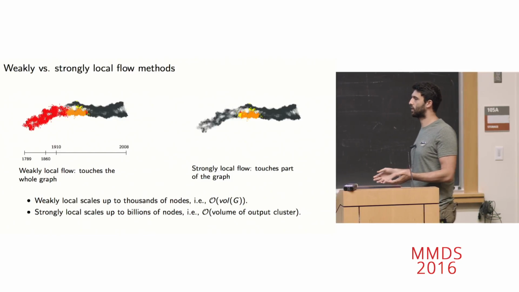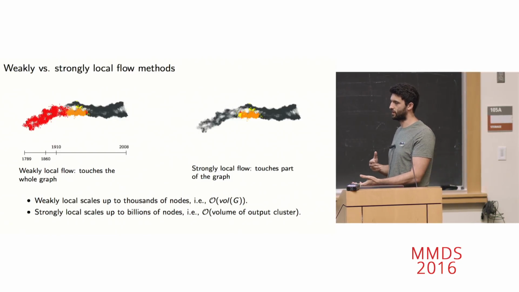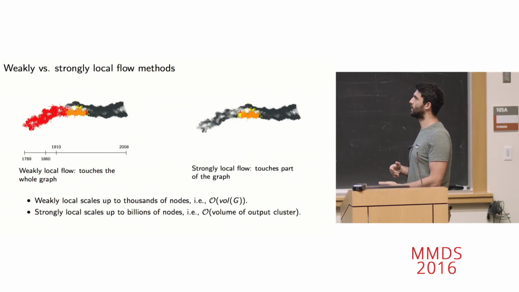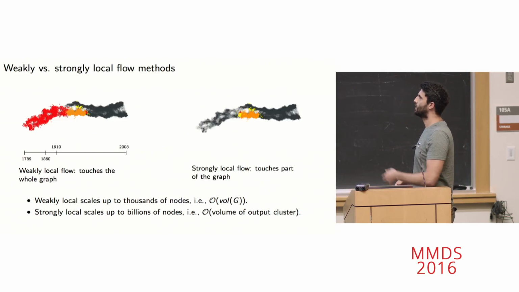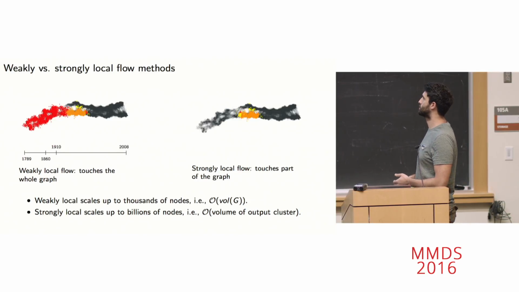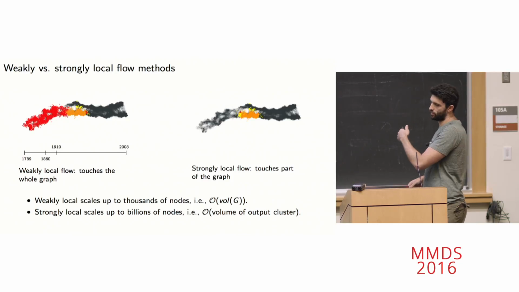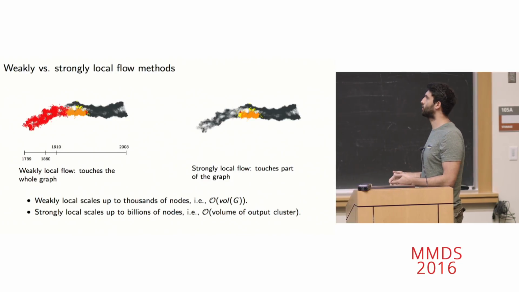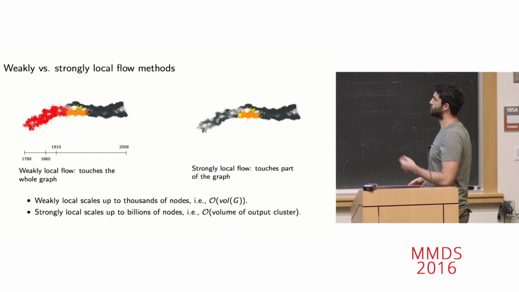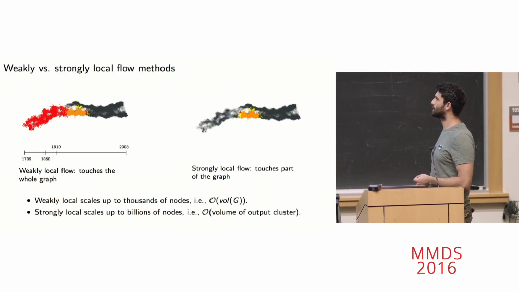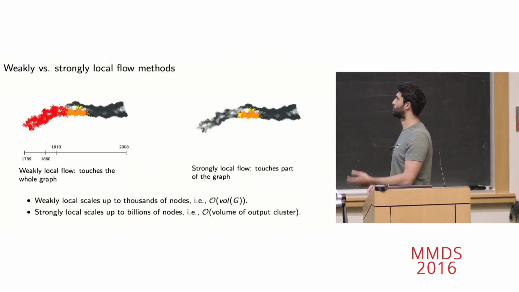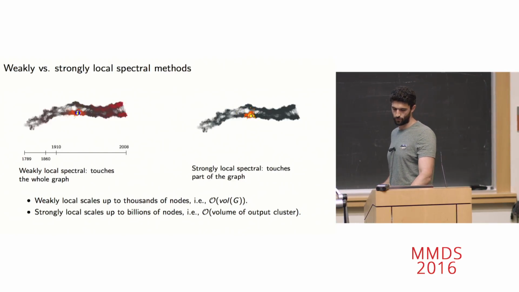Because what it will do is find a cluster which has large volume, right? And it's also poorly connected externally. And this is exactly what happens here. The problem is that this scales up to thousands of nodes because the running time depends on the volume of the whole graph. On the other hand, the strongly local algorithm will try to have a strong overlap with the input seed set, and that's what actually gives the strongly local running time, which means that we can run algorithms like this up to billions of nodes, essentially.